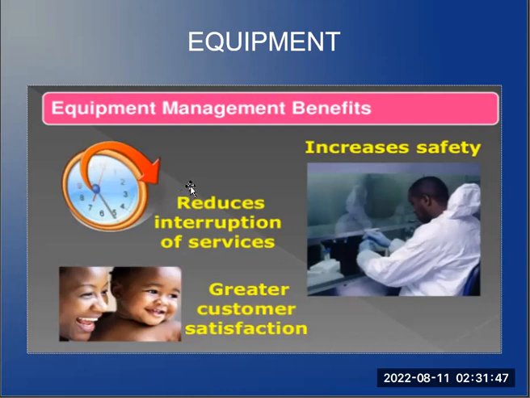Then the equipment reduces interruption of services. You prepare the sample, feed the sample into the machine, press the button, then wait for the result. The result in the lab takes a minimum of 2 hours. For immediate results, 1 hour. Stat means immediately. The patient requests that his or her test be stat.